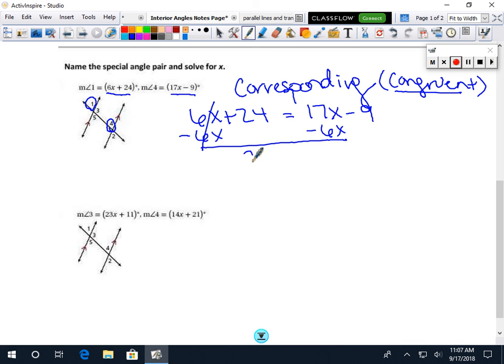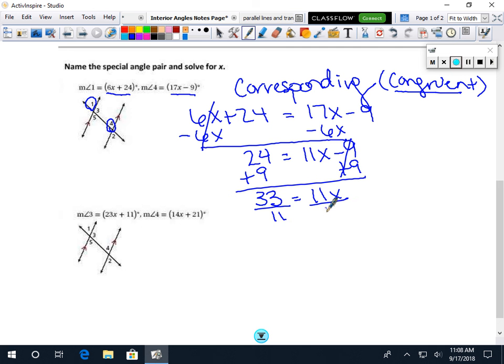I get 24 is equal to 17x minus 6x, which is 11x, minus 9. Add 9 to both sides. 24 plus 9 is 33. That's equal to 11x. I divide both sides by 11, and I get x is equal to 3.